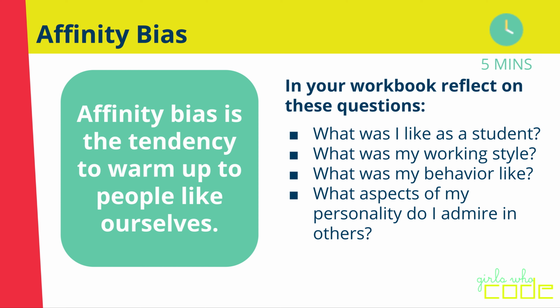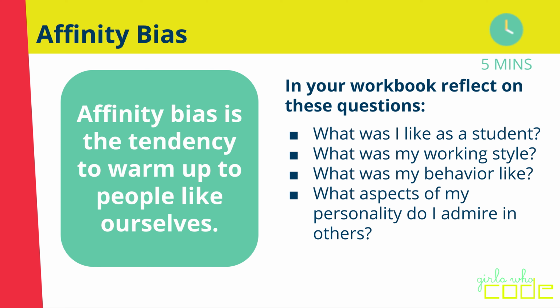So let's dive into the first type of bias that we're going to talk about. Affinity bias is the tendency to warm up to people who are like ourselves. What I want you to do to unpack affinity bias is in your workbook there is an area for you to reflect on these questions. If you don't want to do it in your workbook, then I encourage you to open up a Google Doc or somewhere else and reflect on what were you like as a student?